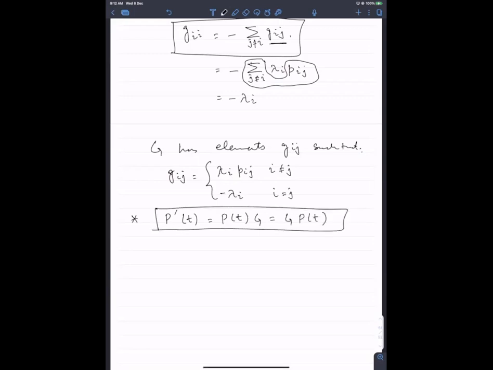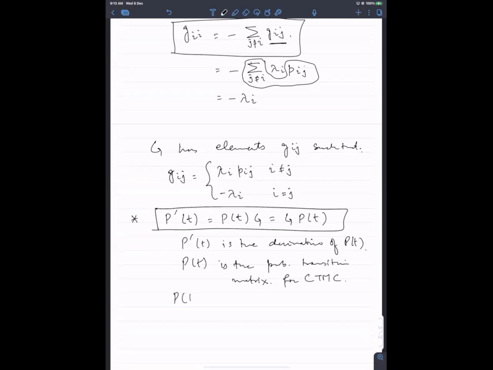P prime t is the derivative of Pt, and Pt is the probability transition matrix for Ctmc, not for the jump chain, for Ctmc.